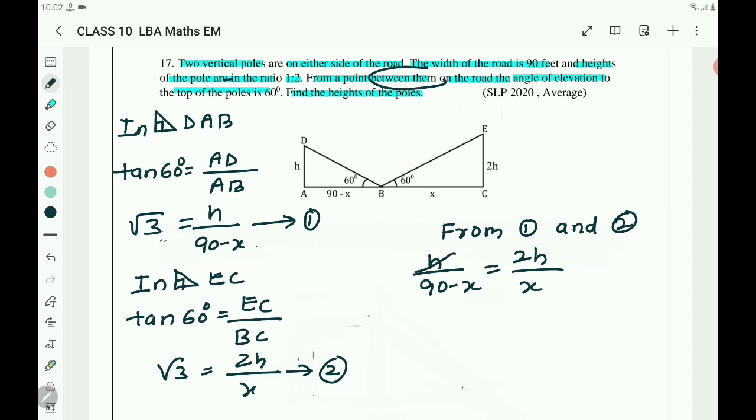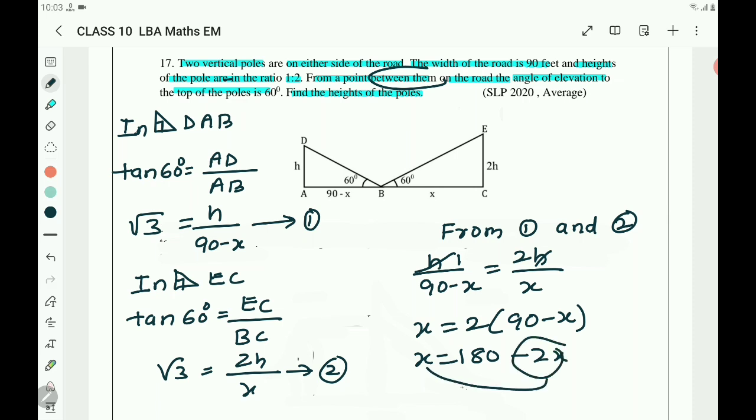Here you can cancel h and h and do the cross multiplication. What is remaining here? 1 into x and 2 into 90 minus x. 1 into x is x equals 2 into 90 minus x. X equals 2 into 90 is 180 minus 2 into x is minus 2x.